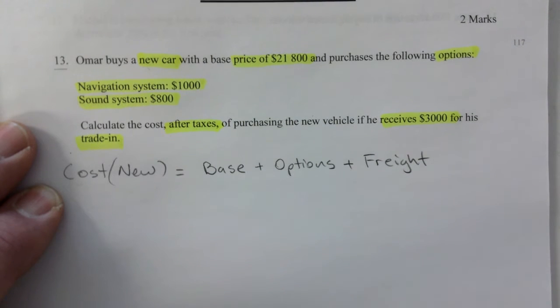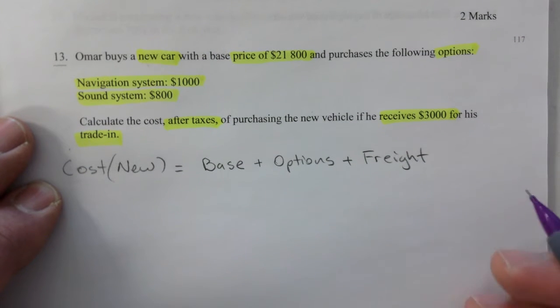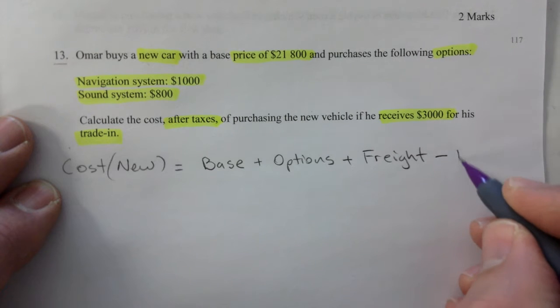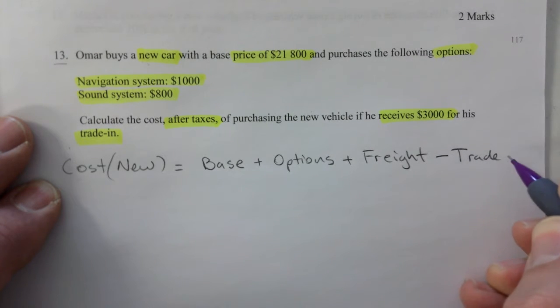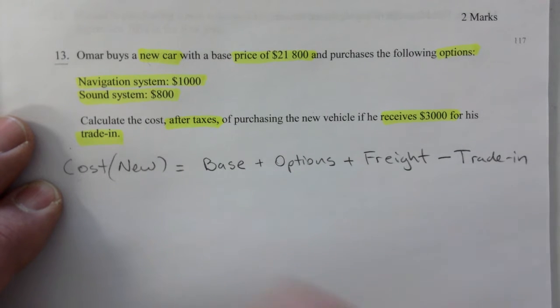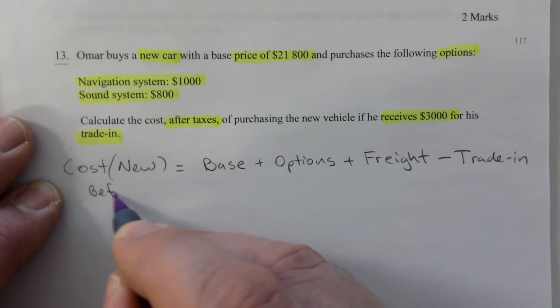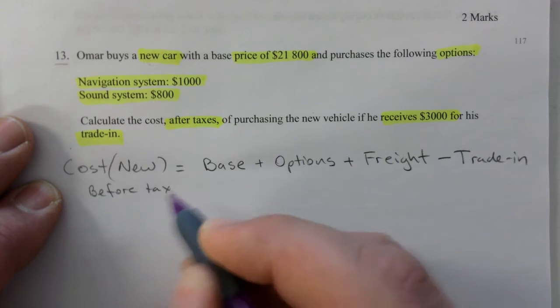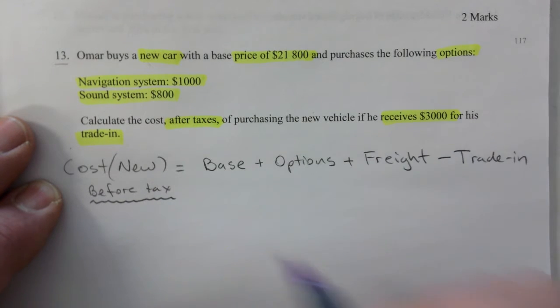That's the delivery charge, right? Minus trade-in. Okay. Obviously, this is before tax, right? Like this formula would be before tax.